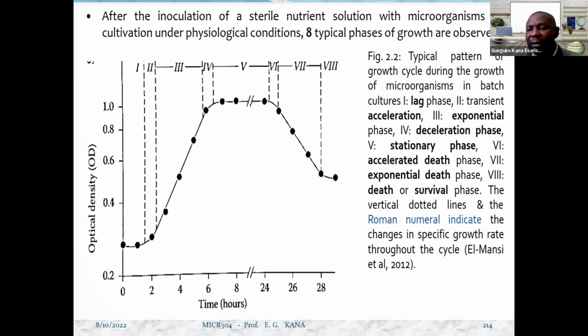But more importantly, in the industry, what they do is that they will add limited nutrient in a controlled amount. That is, a controlled addition of limited nutrient. Okay, write it down. The deceleration phase can be prolonged by the continuous additions, by the controlled additions of the limited nutrient.